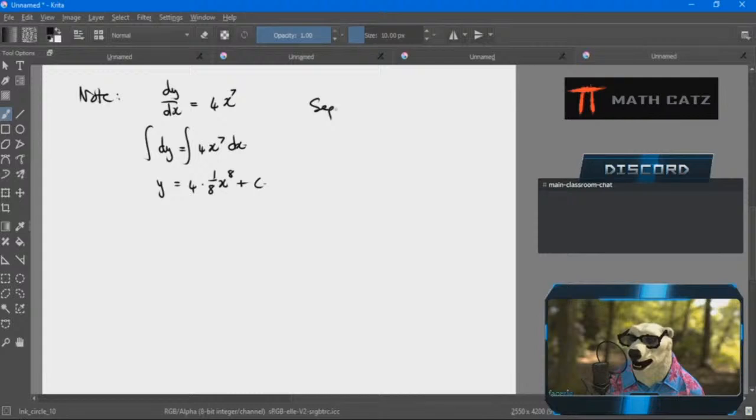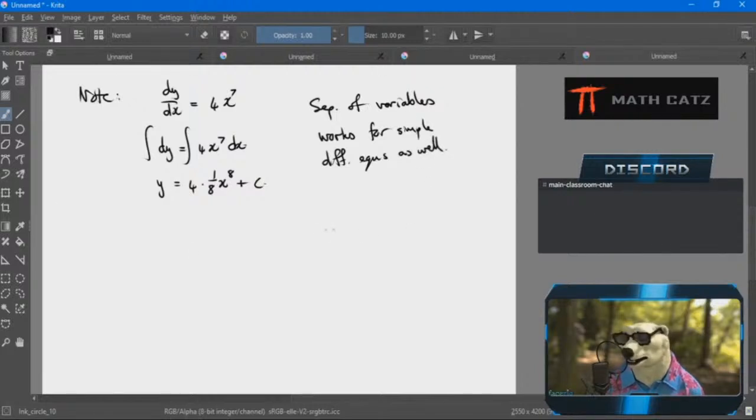So let's write that here. Separation of variables. The method works for simple differential equations as well. There is no other method that we need for our level.